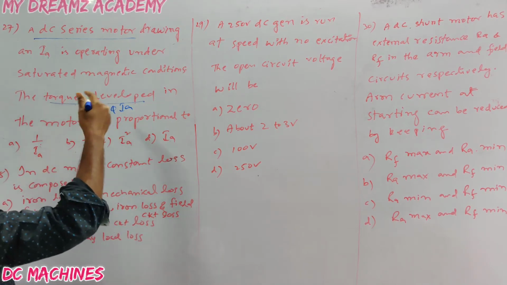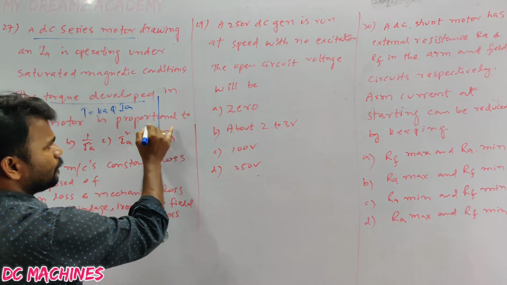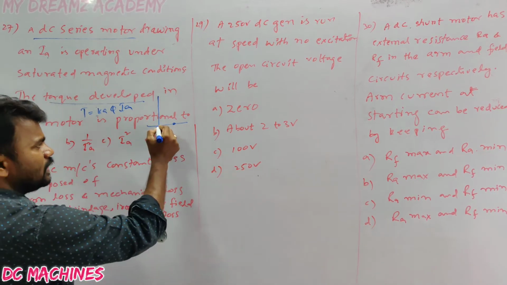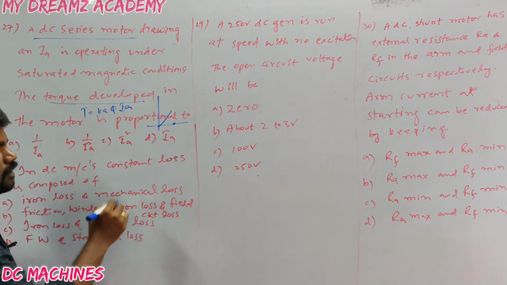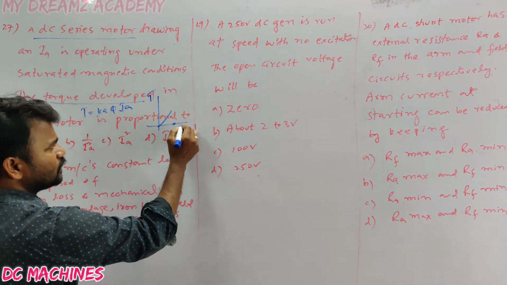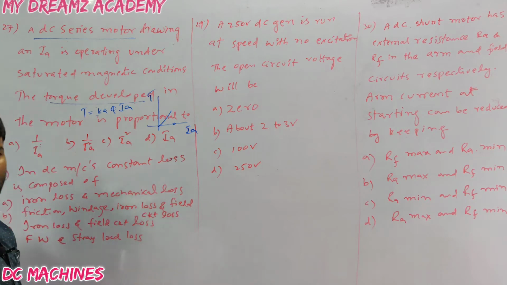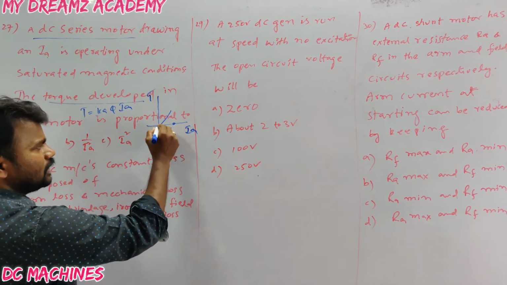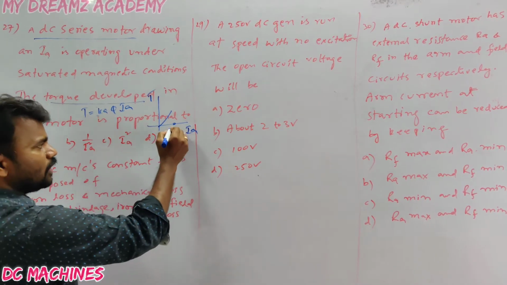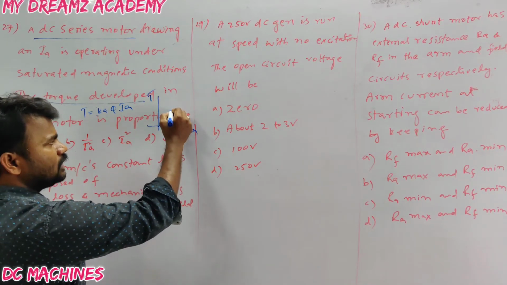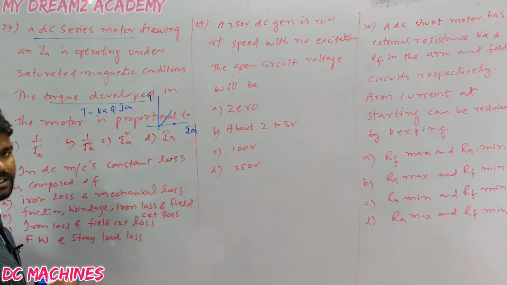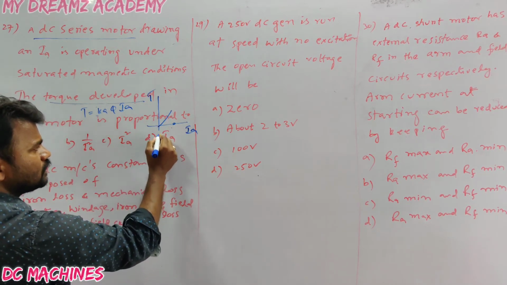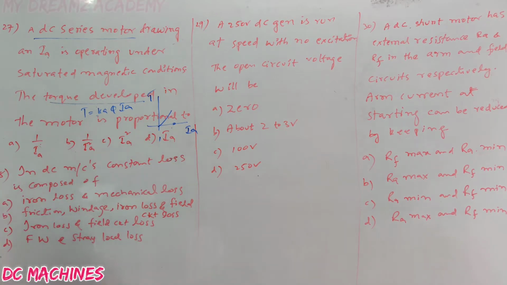This is the torque equation of a DC motor. For the DC series motor, under saturated conditions, what happens? Up to the saturation field current, it varies linearly. This is the torque and current characteristic. Above that, under saturated condition, the flux does not vary. So up to saturation, torque is directly proportional to armature current.